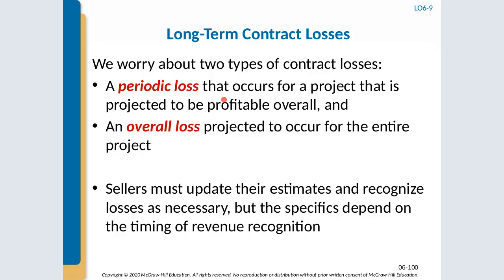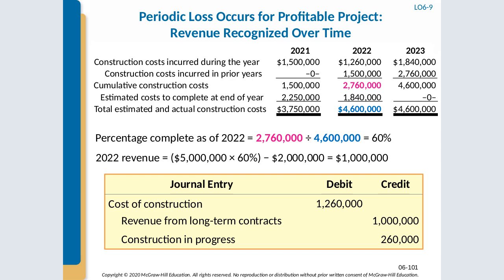We have a huge rise in cost, and so now we have no profit generated from this project. Okay, it's a total loss. So how it is, the different situations is going to make a difference on how we recognize it for financial purposes.